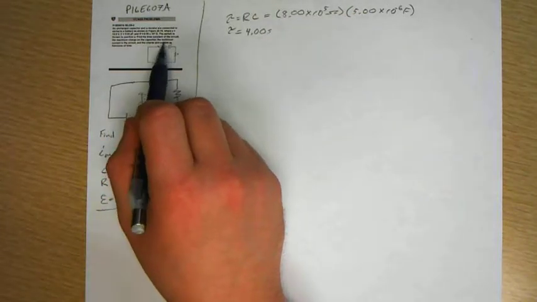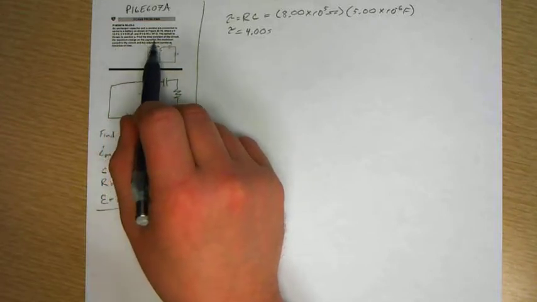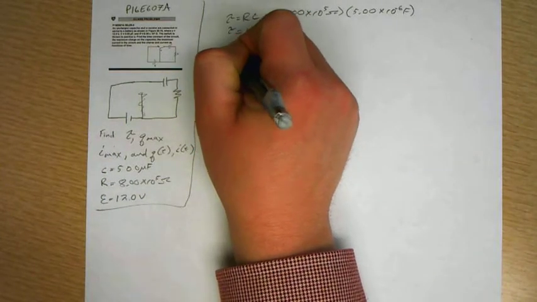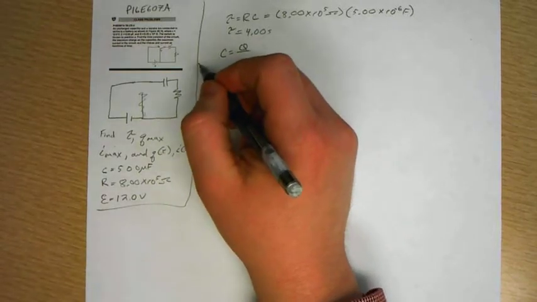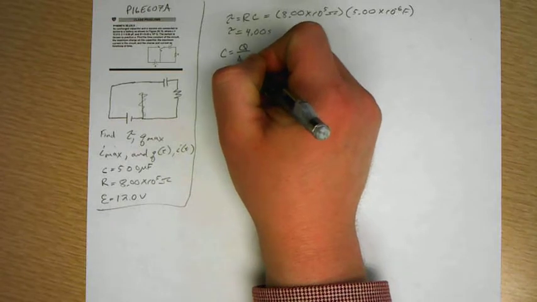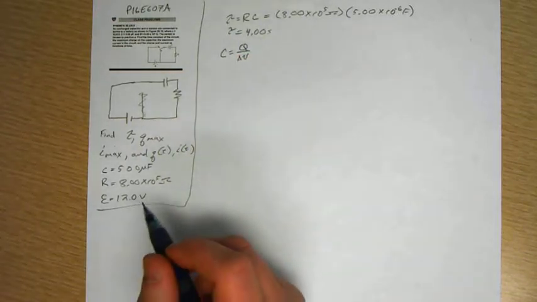The next thing it says is to find the maximum charge on the capacitor. Well, that is also a simple calculation because we know capacitance is defined as the charge per unit voltage, per potential.